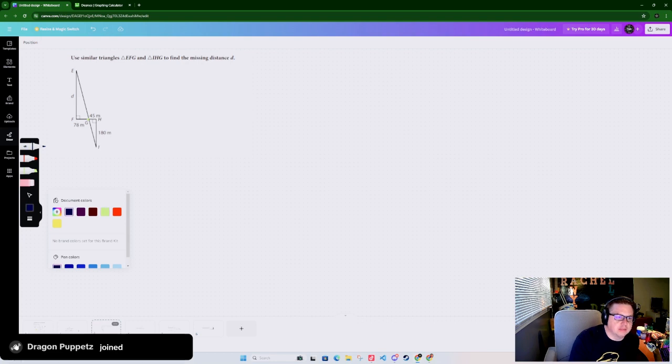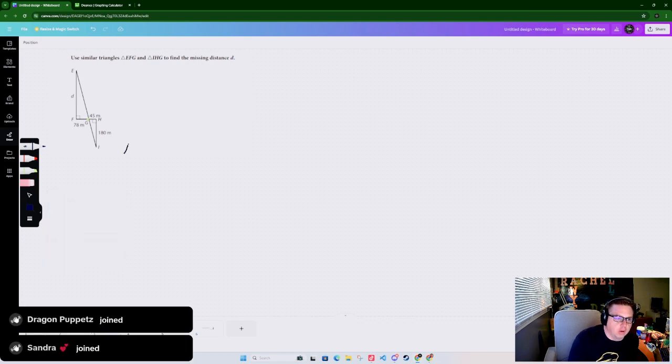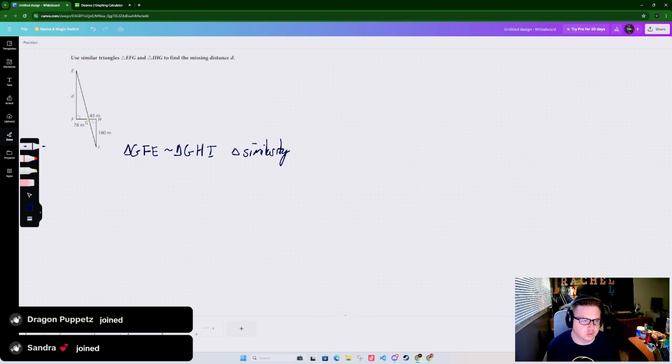So when we write this similarity statement, we are going to have triangle GFE similar to triangle GHI. And we call that triangle similarity. So we're just writing which triangle is similar to which triangle.